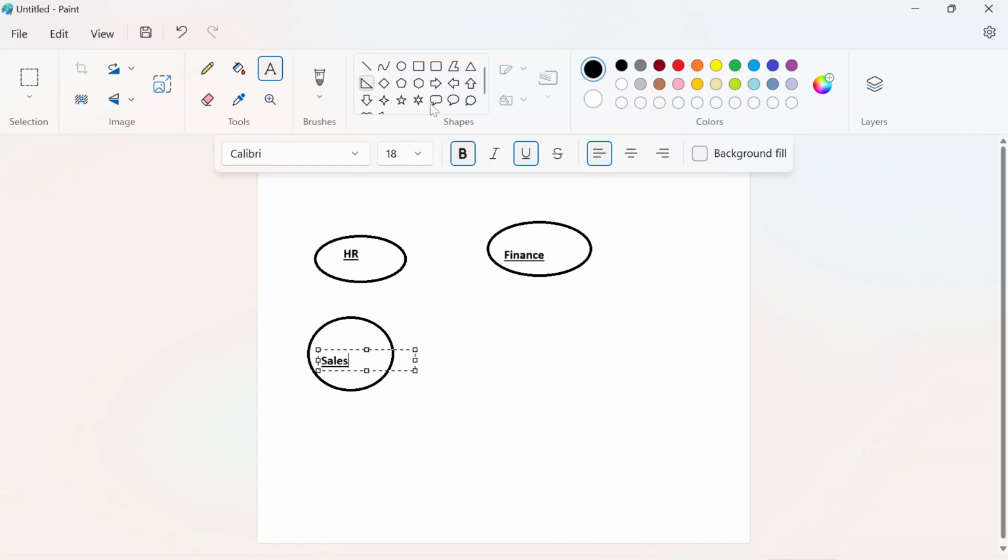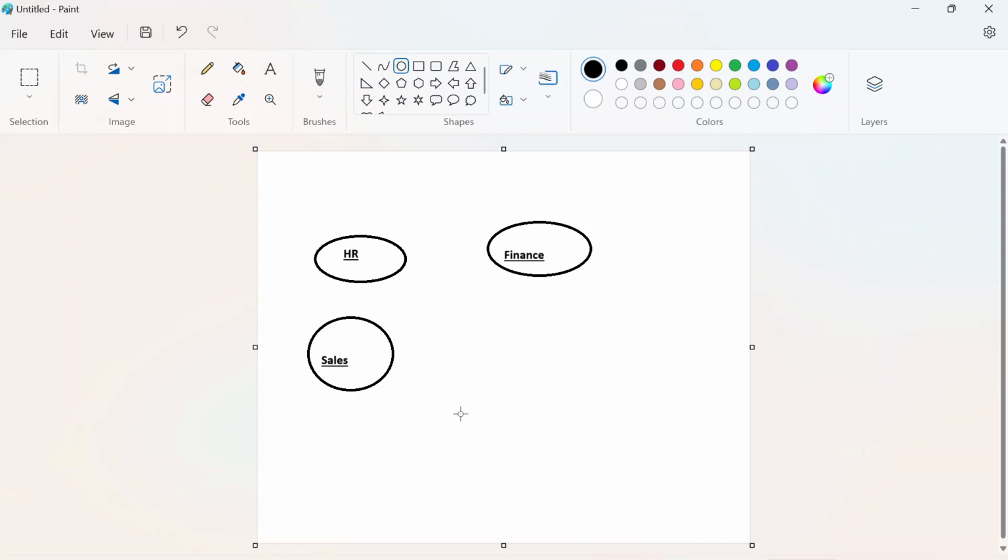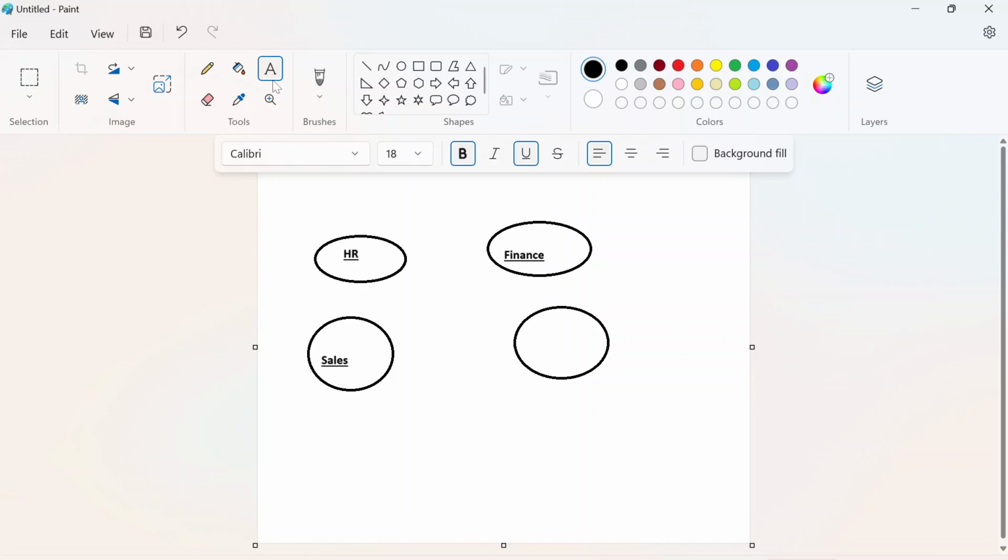Sales department, right? What are the other departments? Marketing. Sales, marketing comes under marketing. Sales only, right? Marketing. Where will the manufacturing happen?